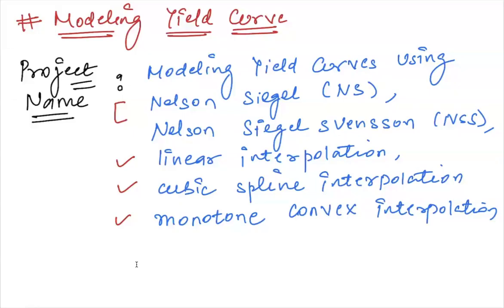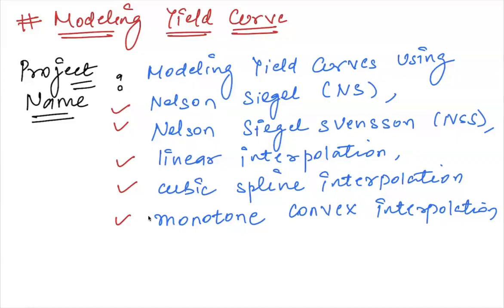Nelson-Siegel and Nelson-Siegel-Svensson are also used, but it depends on what kind of yield curve it is. All these are very important models for you to understand. So we'll be seeing these 4 to 5 yield curve modeling techniques for our quant project.